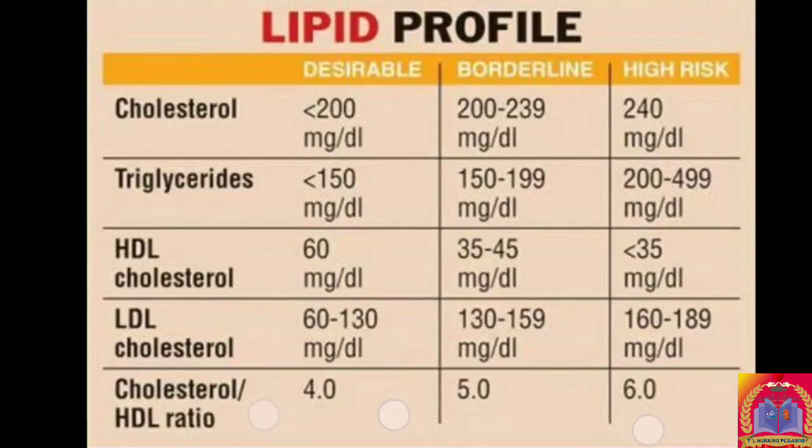HDL is known as the good cholesterol and LDL is known as the bad cholesterol. It is mandatory to learn the normal values of these levels because some of the competitive exams ask the normal values of blood test results. Friends, find the normal value of very low density lipoprotein.